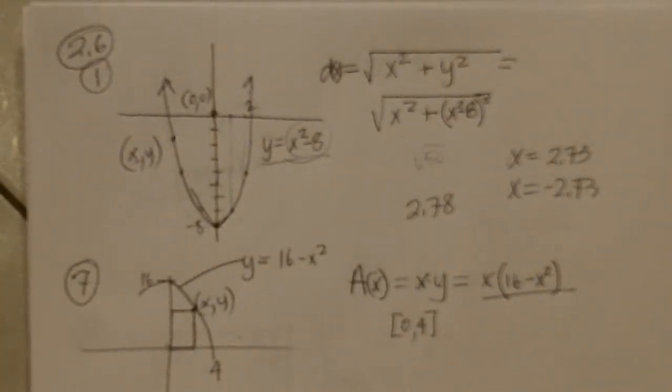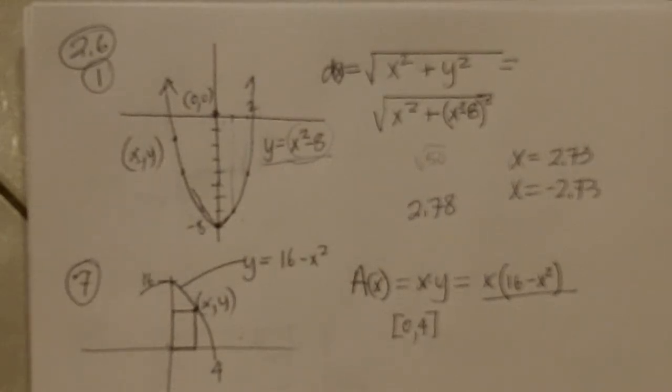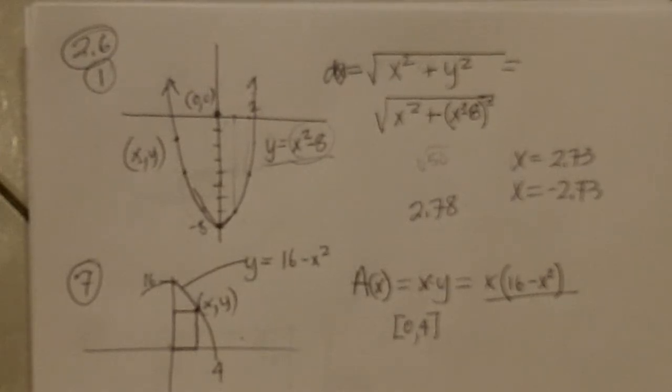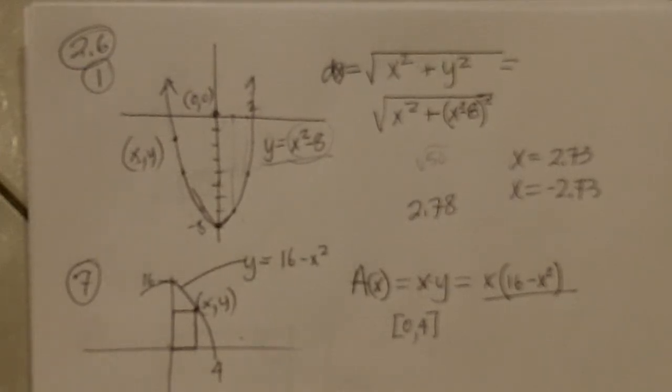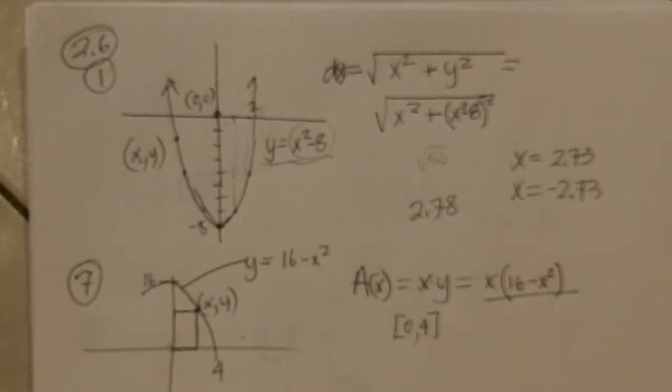This one said find the area as a function of r, of the square. A square is a rectangle. You take width times length, or length times width. You just have to figure out how this is an r. Well, if that's the radius r, that's also a radius r, and that's a radius r, so this length is r plus r, 2r, and the height will be r plus r, 2r.